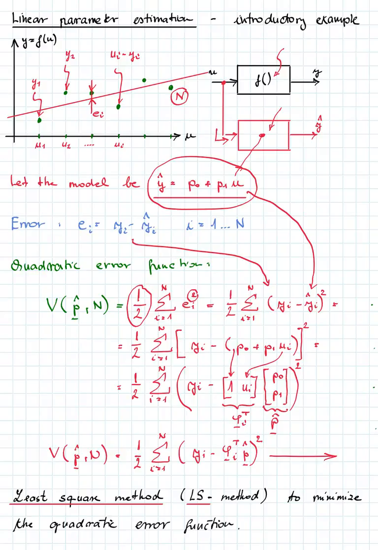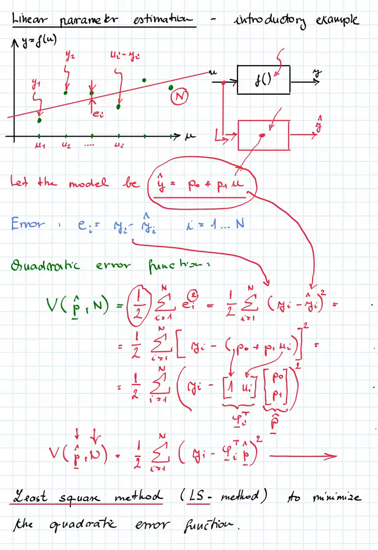There are two arguments of this quadratic function: n, because the error depends on the number of the measured data, and of course the parameters. We are going to take the derivative of this quadratic error function with respect to the parameter vector, because we would like to minimize this error somehow.